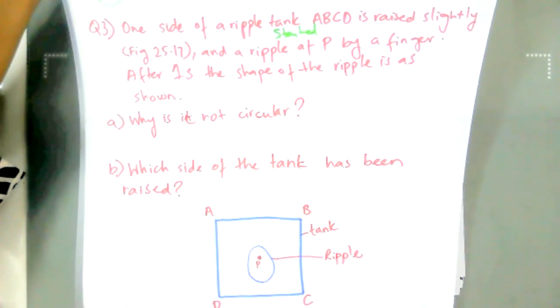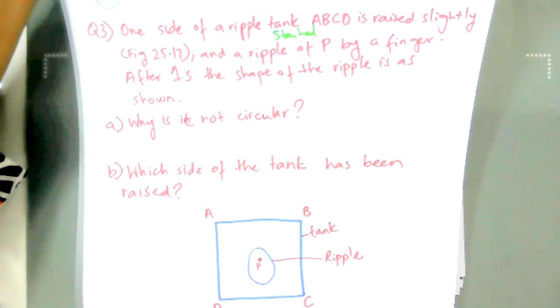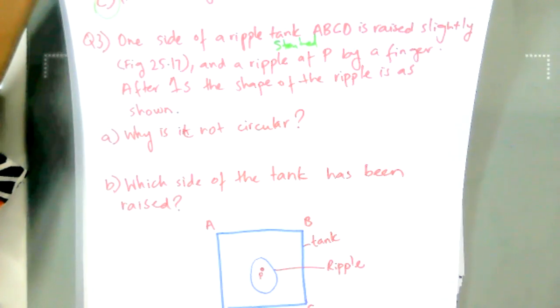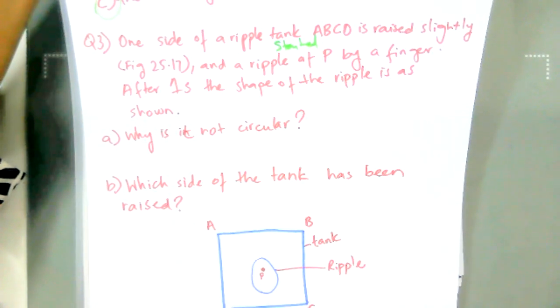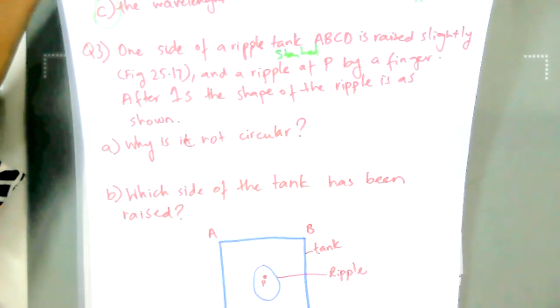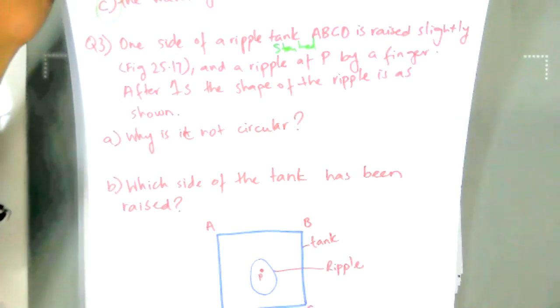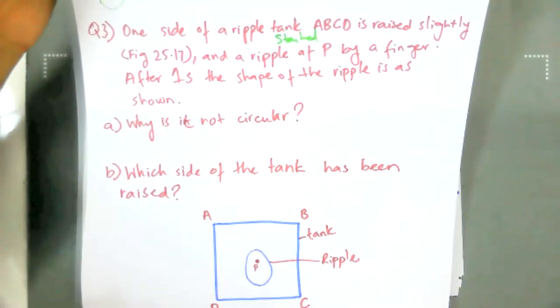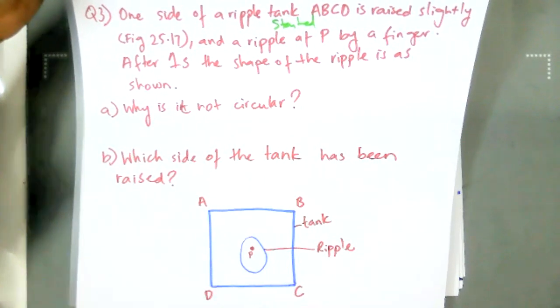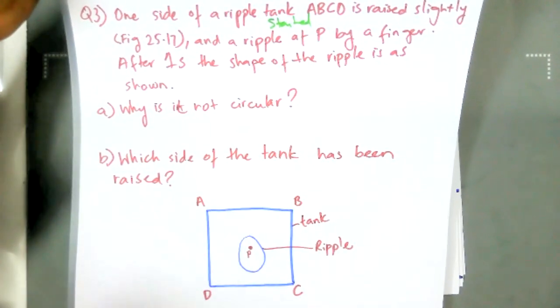And remember, the waves are faster in deeper water, and therefore the wave will travel faster and farther. During the same time period, it would travel farther on the deeper end. So you can see the shape of the circle.